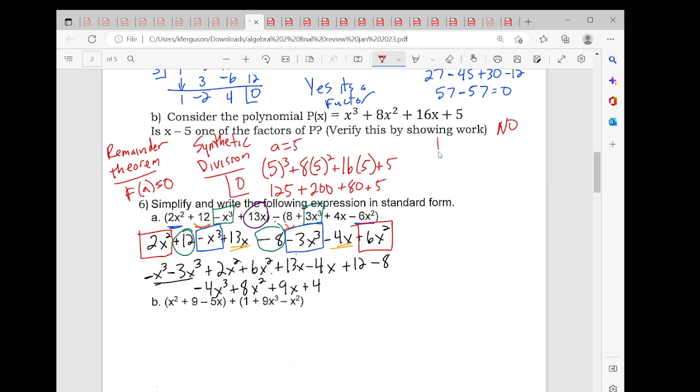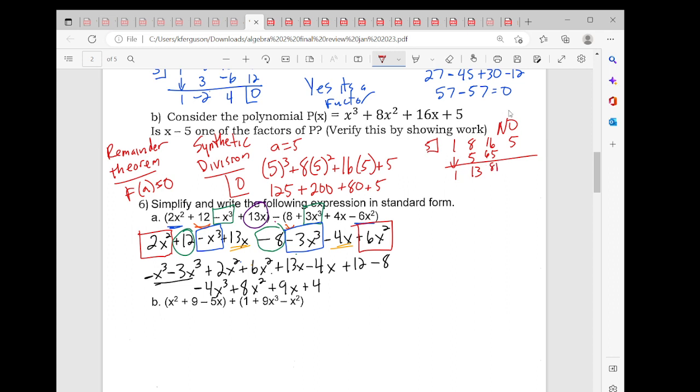I could try synthetic division. So I bring down the 1. 5 times 1 is 5. I get 13. 5 times 13 is 65. Add those together and I get 81.